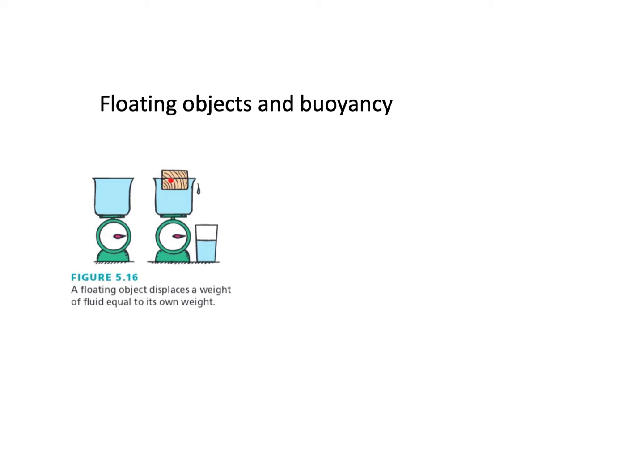But the part of the wood below the water has displaced some of the water. And so some of the water is going to pour into this cup down here. And we know that for a floating object, it's going to displace a weight of fluid equal to its own weight. So if I were to get the weight of this fluid in this cup here, I would know that's how much the block of wood weighs.